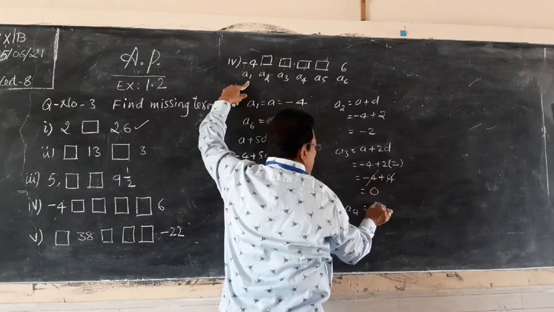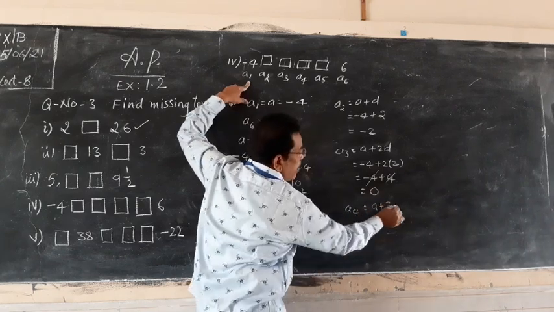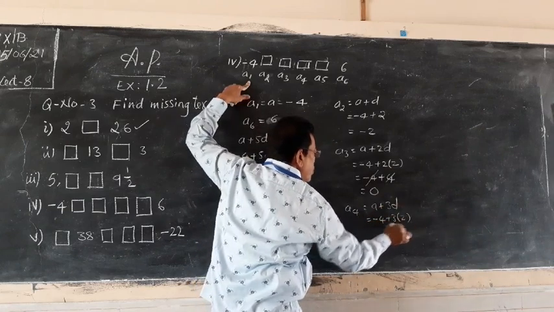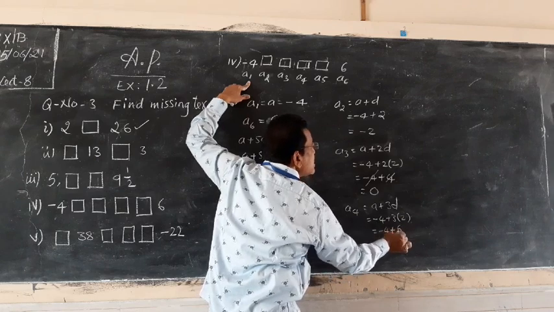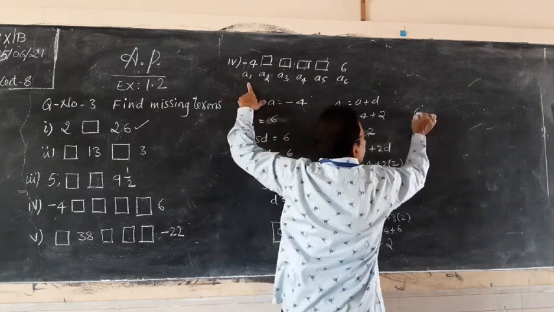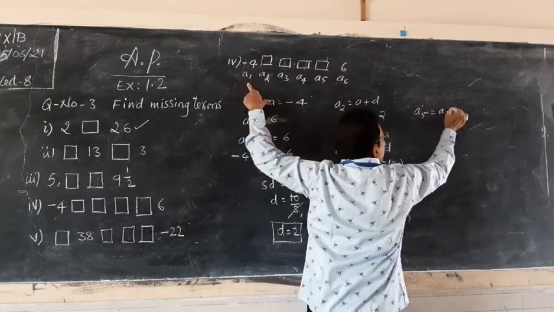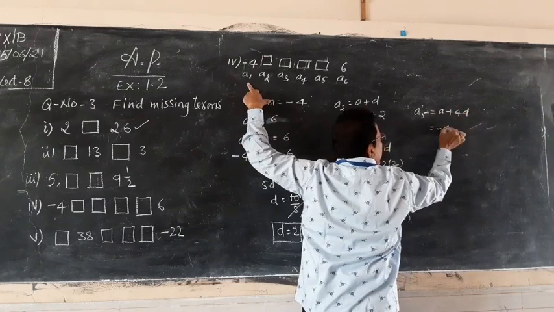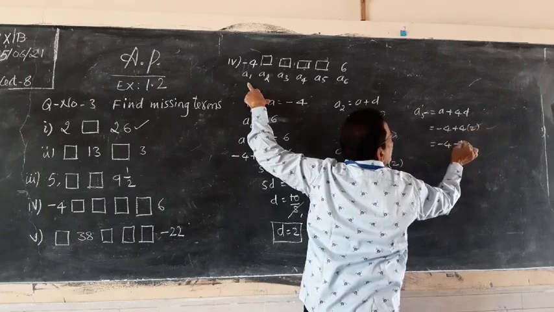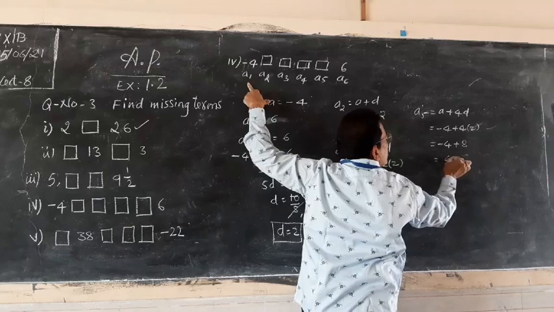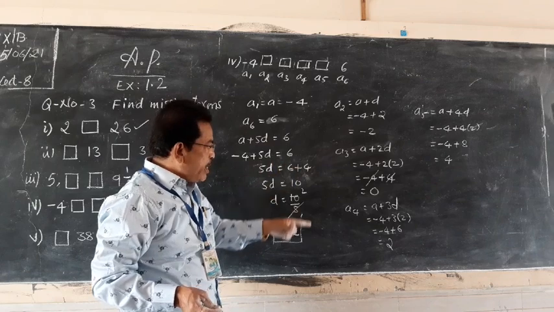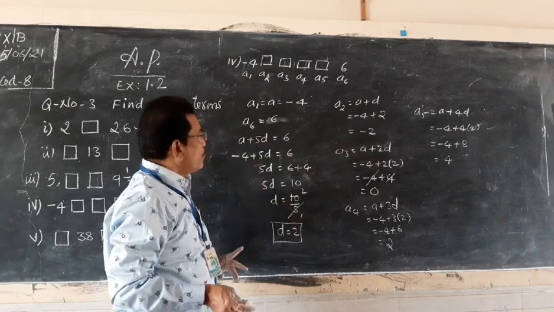Then A4 is a plus 3d, -4 plus 3 into 2, -4 plus 6, that equals 2. Then A5 equals a plus 4d, that is -4 plus 4 into 2, 4 twos are 8, which equals 4. So the missing terms are -2, 0, 2, 4.